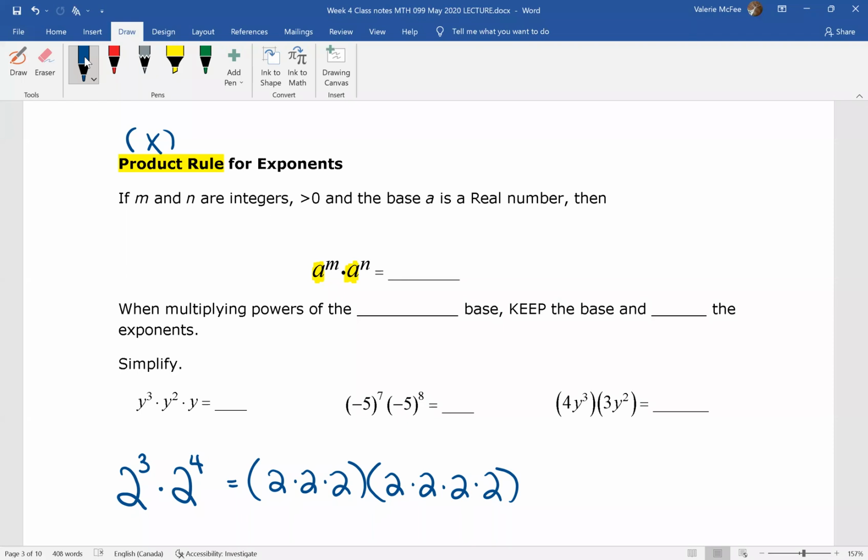Can you see that now my base is staying the same, but I've got 7 2s? We added the exponents. So our product rule then says keep the base the same, add the exponents.